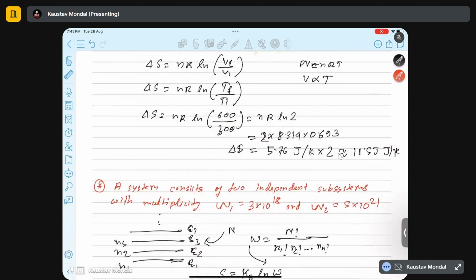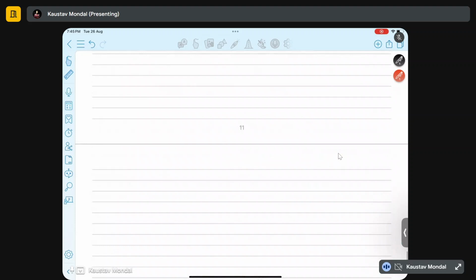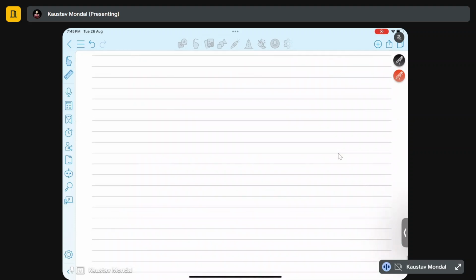We will basically write the pressure in terms of the canonical partition function. So how to do that?